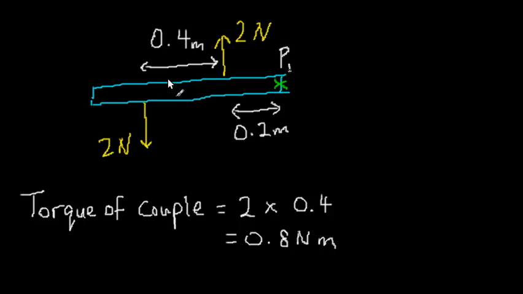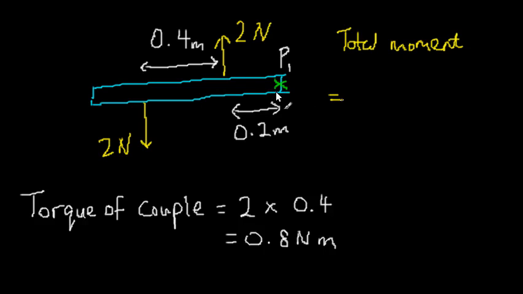Now let's see if the total moment is indeed the same as the torque of the couple. So here goes. The total moment is equal to... let's think about the two forces.